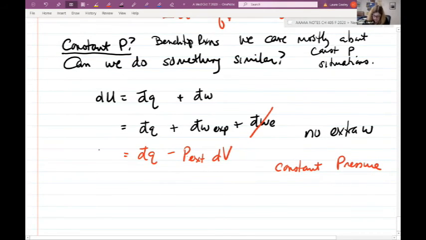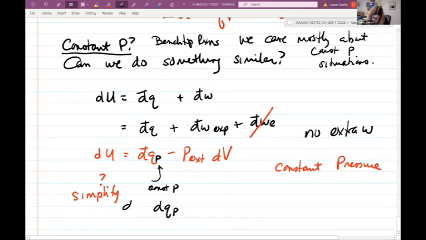And I look at this and can I simplify it at all? There's only one little thing I can do, and it's really only a little thing. I can put a P here, specifying constant pressure, and then I could get rid of the slash because I've specified a path.